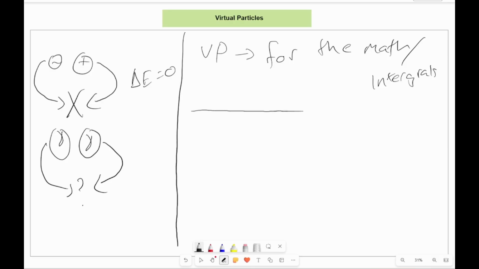However, you can think of virtual particles, instead of actual particles forming out of the nothingness briefly, as just oscillations in a medium. So imagine you take a medium and you distort it in one direction, you could have an equal and opposite distortion, and that could briefly create fields that act like particles, and then the next moment they cancel back to nothing.